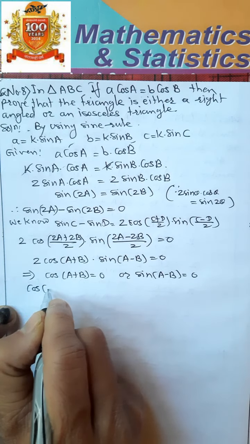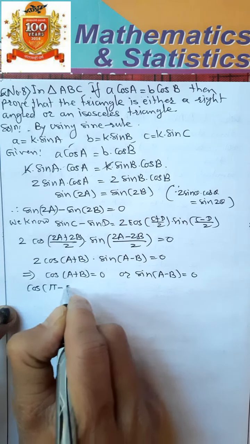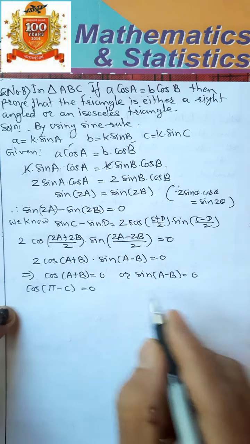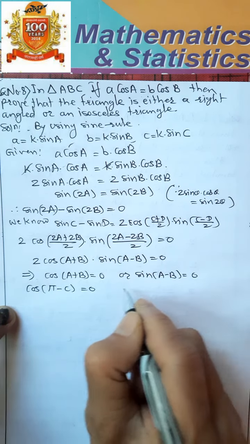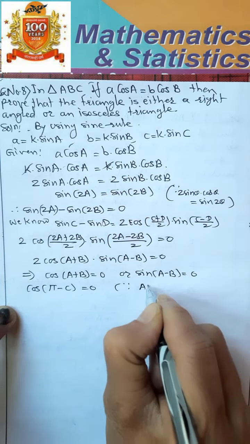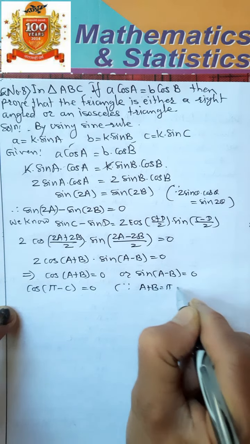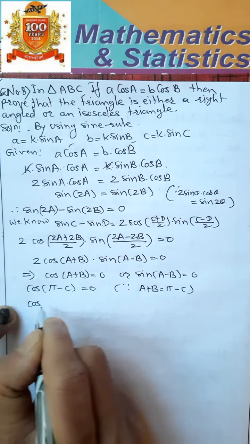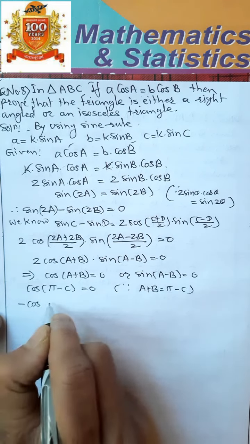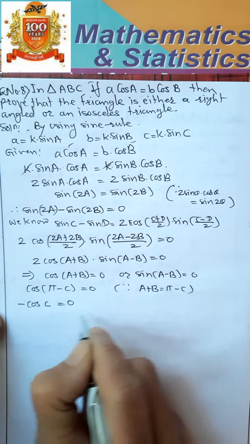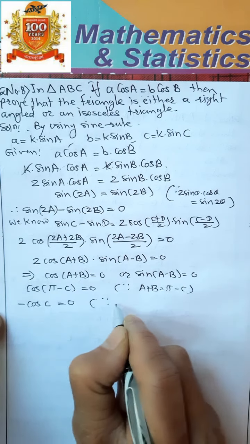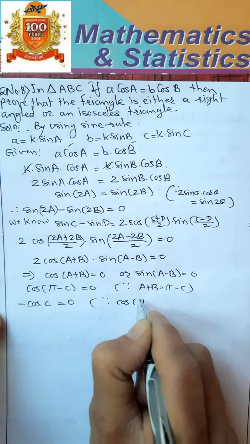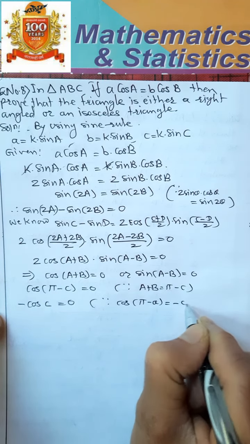Cos (A plus B) can be written as cos (pi minus C) is equal to 0, since A plus B is equal to pi minus C. Therefore, cos (pi minus C), meaning minus cos C, is equal to 0, since cos of (pi minus theta) is equal to minus cos theta.